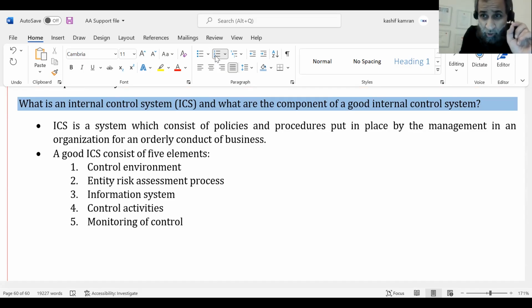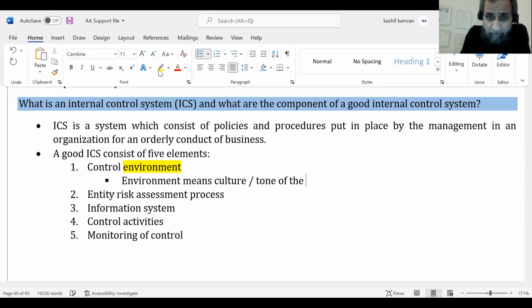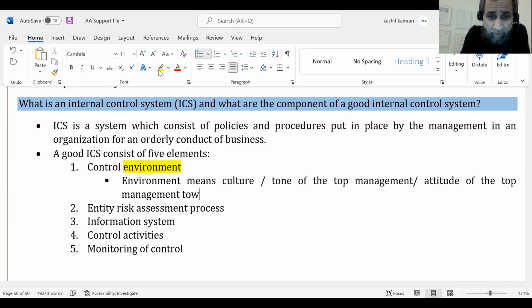Now, when you look at the first one, which is control environment, the focal word here is environment. Environment means culture. Environment means the tone of the top management, or it's the attitude of the top management towards an internal control system.